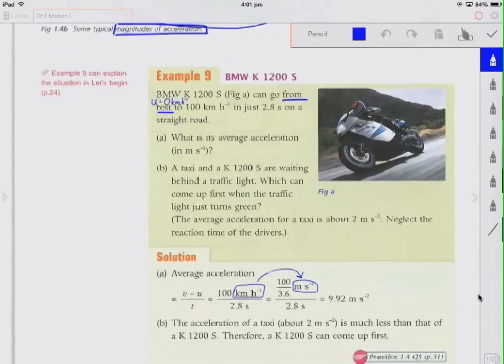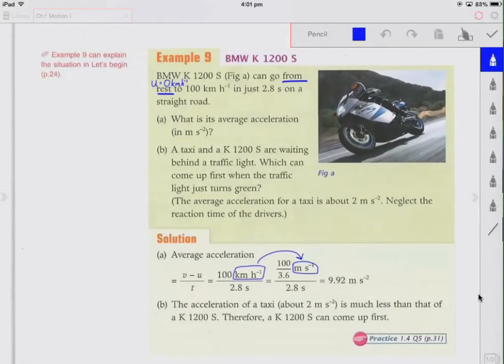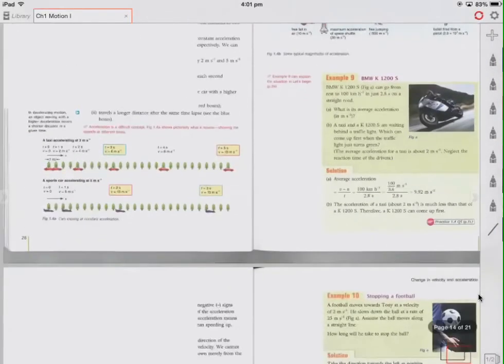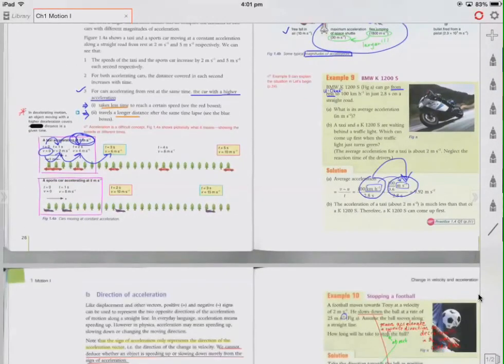Think about it. Here's another example. Remember the unit. Changing the unit into SI unit here. And that's all for the magnitude of acceleration. Next clip is about the direction of acceleration.